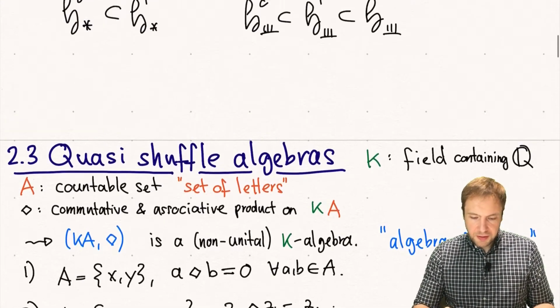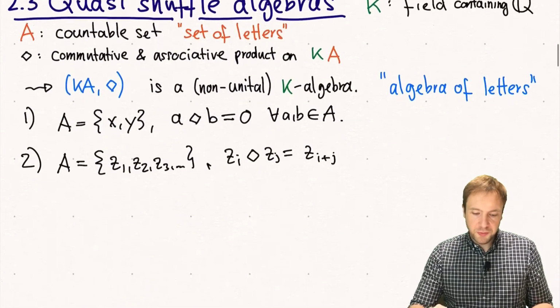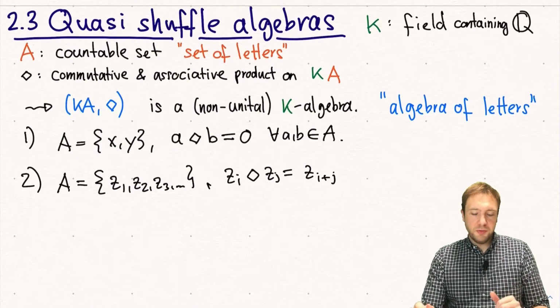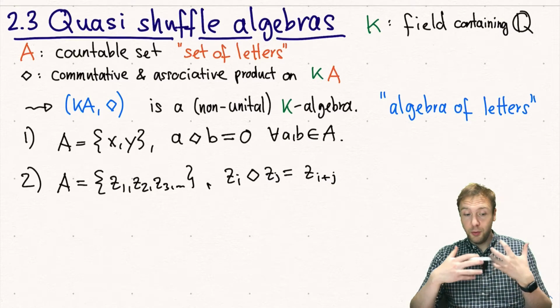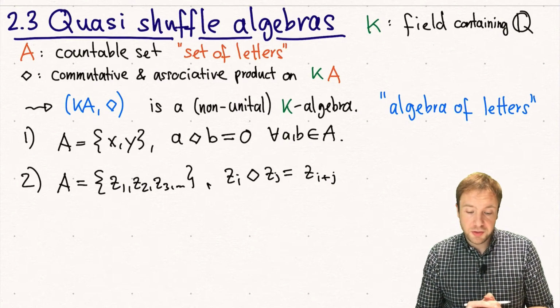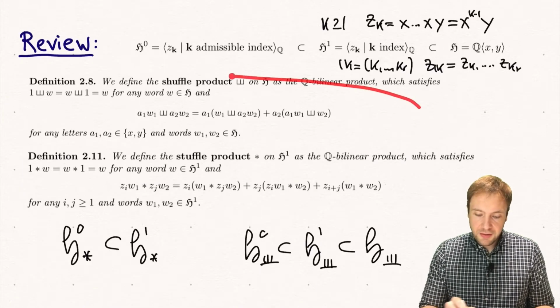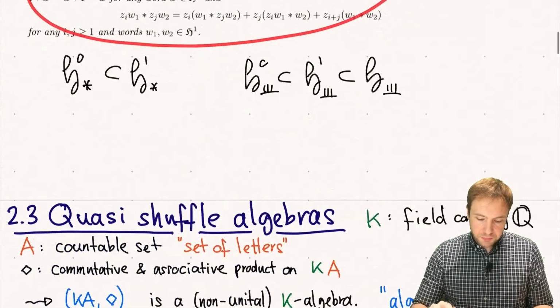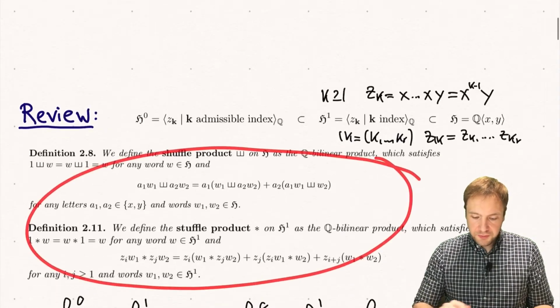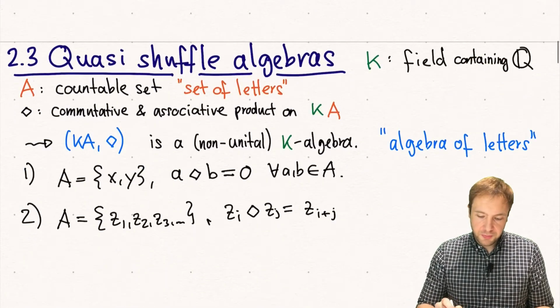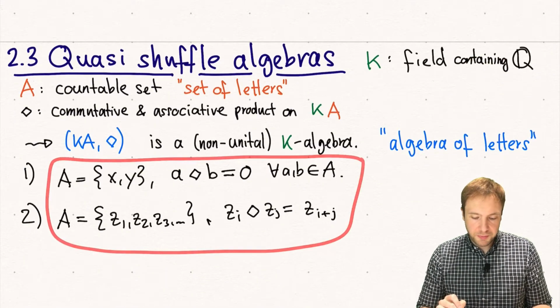So with this example, the ultimate goal will be to define what we'll call a quasi-shuffle product, and the idea is that this should generalize the picture before. And for these two, the algebra of letters is given by these 2 examples here.